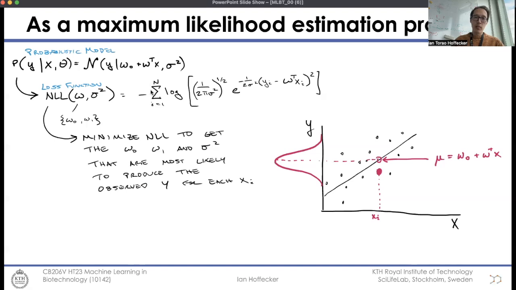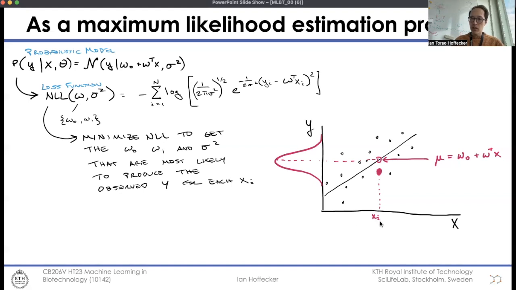Again, we simply do that by taking the negative log of it and summing up those values for all of the data points, all of the x values in our data set. And we will then throw this into a minimizer, and that minimizer is going to hopefully return values of the weights and biases, W0 and W1 here, as well as the variance, the spread of the distribution.